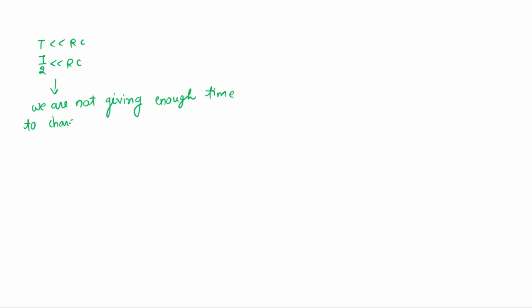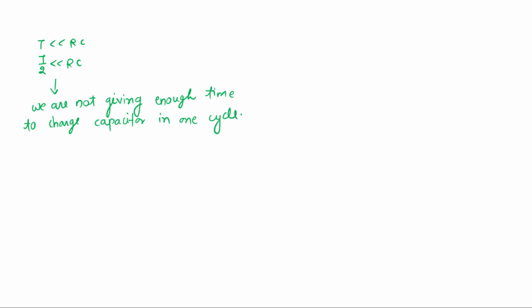Now the second case comes when T is much less than RC, or I should say T by 2 is much less than RC. It simply means we are not giving enough time to charge the capacitor in one cycle.